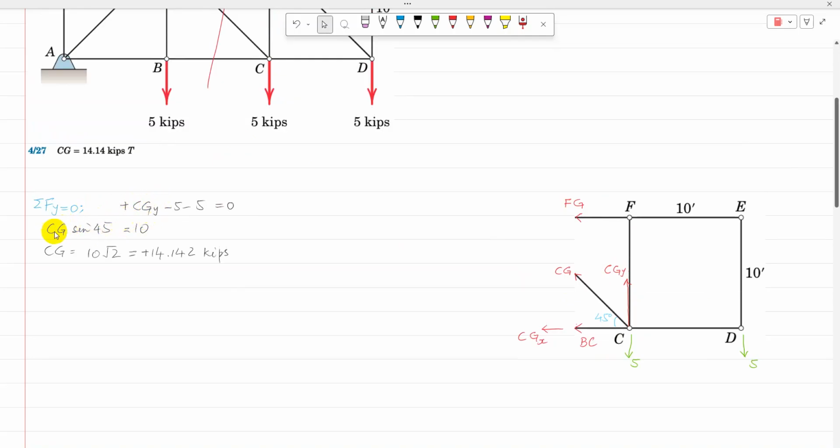So CGy is CG sine 45, and minus 5 minus 5 is minus 10. On the other side it becomes plus 10. Then CG is equal to 10 over sine 45, which comes to 10 root 2, or 14.142 kips.